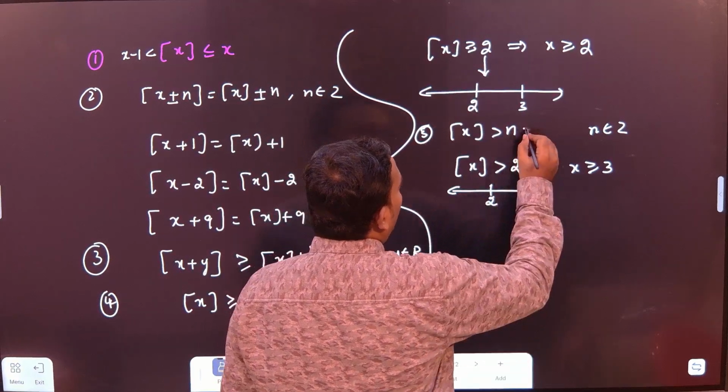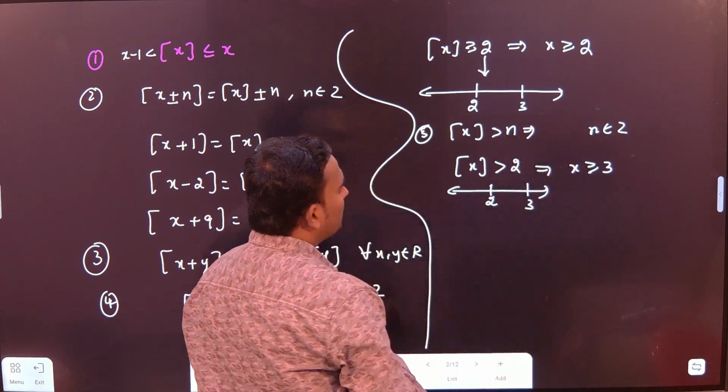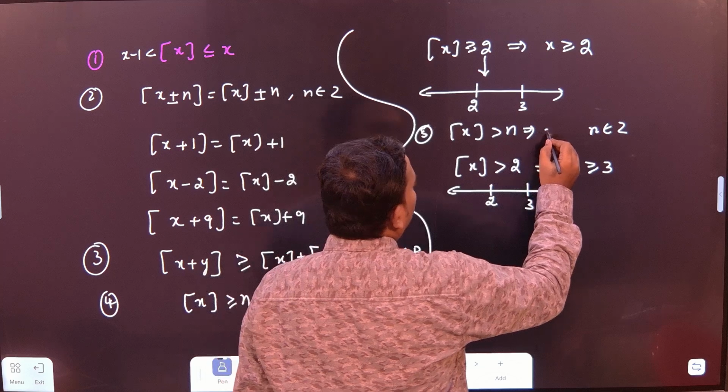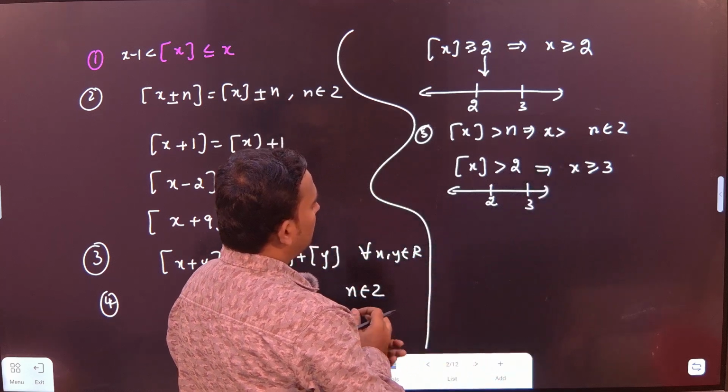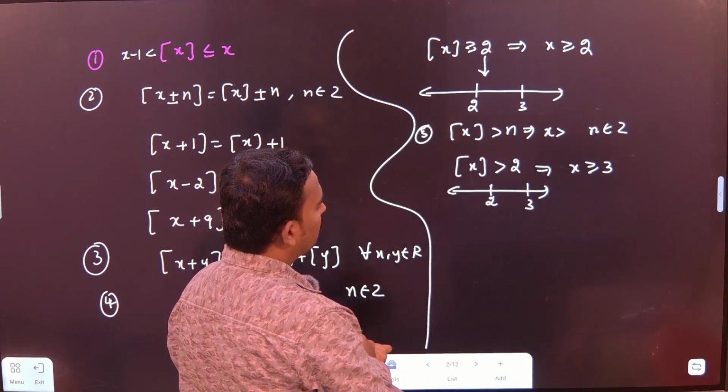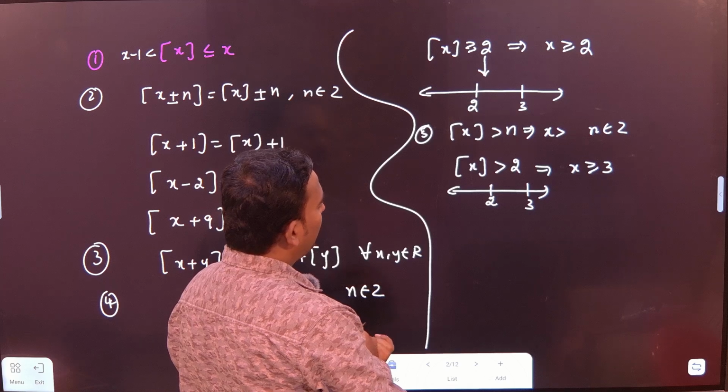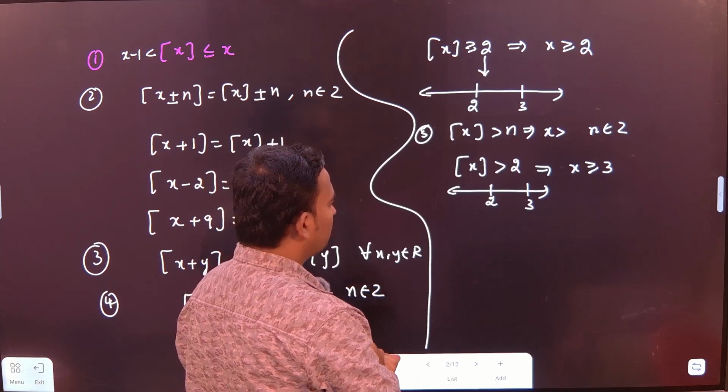So then how to rewrite this? x should be greater than or equal to 3. 3 is more than 2, yes, correct.